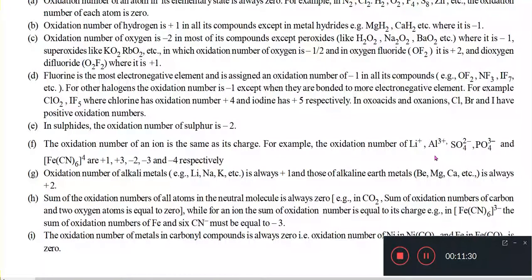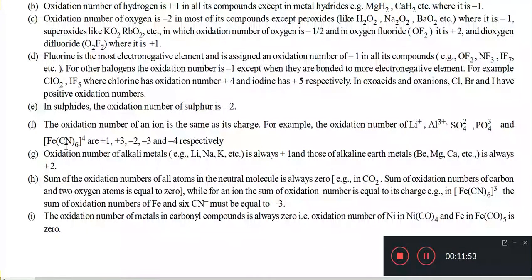The charge on the aluminium ion is +3, so the oxidation number is also +3. The sulfate ion has an oxidation number of -2. In the phosphate ion, the charge is -3, so the oxidation number of the phosphate ion is also -3. In the ferrocyanide ion, the oxidation number is similar to the charge, which is -4.